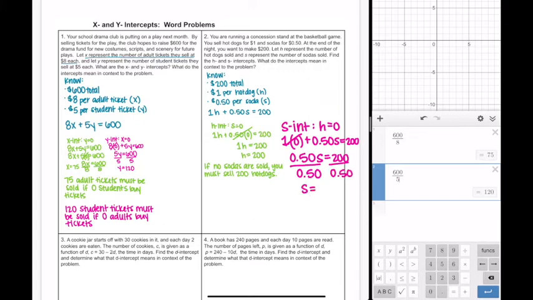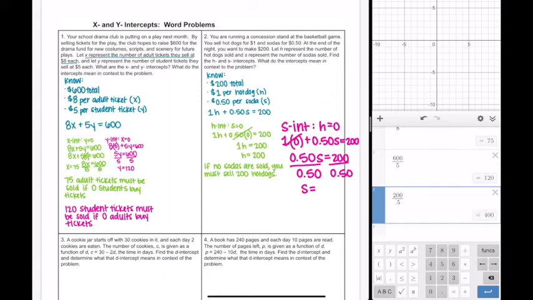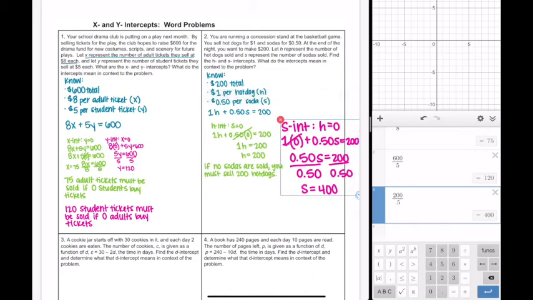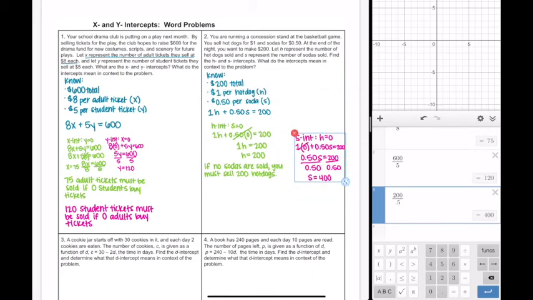So S equals 200 divided by 0.5, which is equal to 400. So if you don't sell any hot dogs, but you want to make $200, you're going to have to sell 400 sodas because they're only 50 cents.